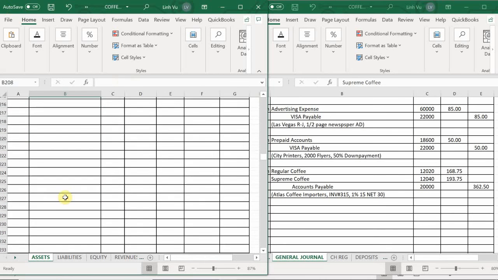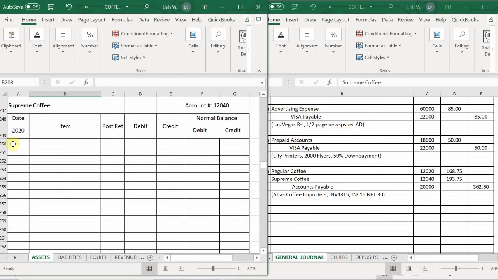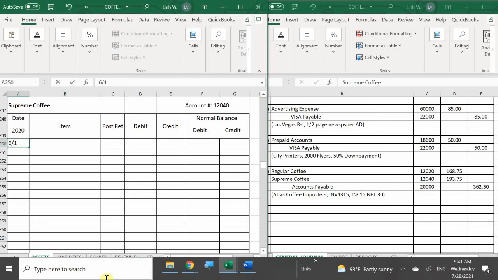Now I'm just going to scroll right down because right below it is my Supreme coffee. All right, date is 6/12, and we purchased 125 pounds. Once again, General Journal number 4, and this time we're debiting the account for $193.75.